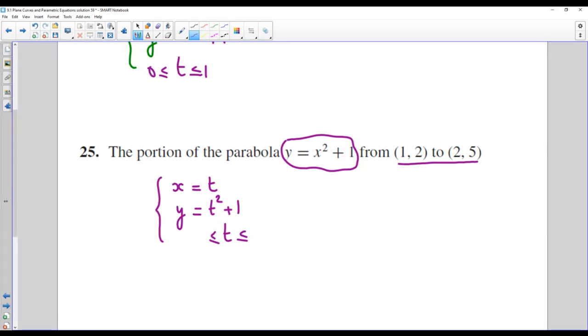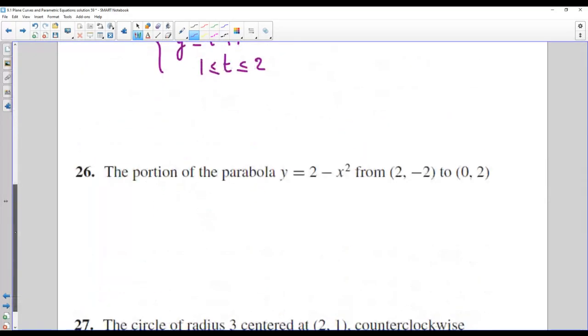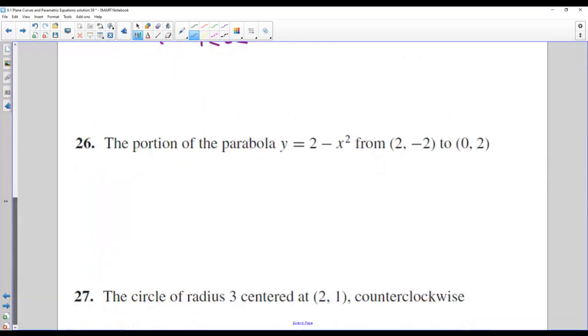That's it. Thank you. So that is the parameterization of this piece of parabola. We can leave that.